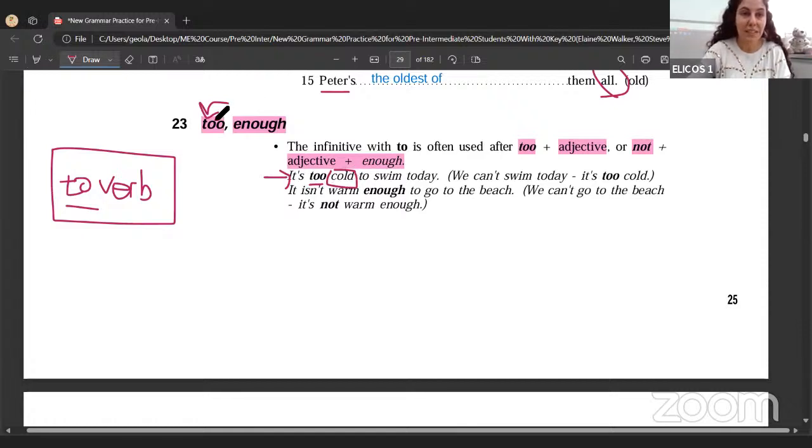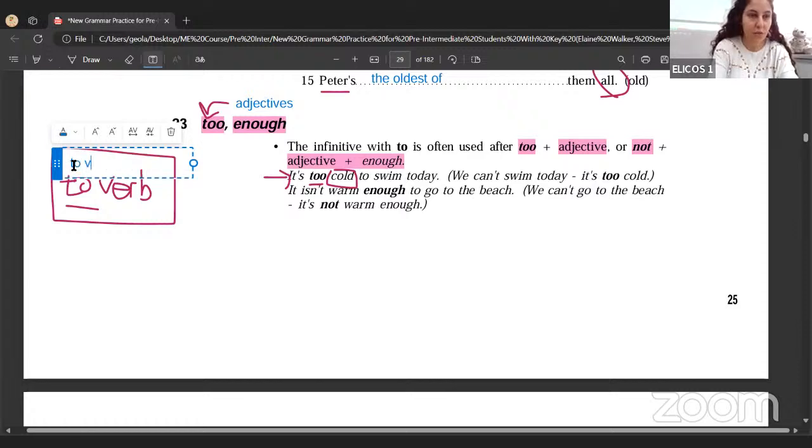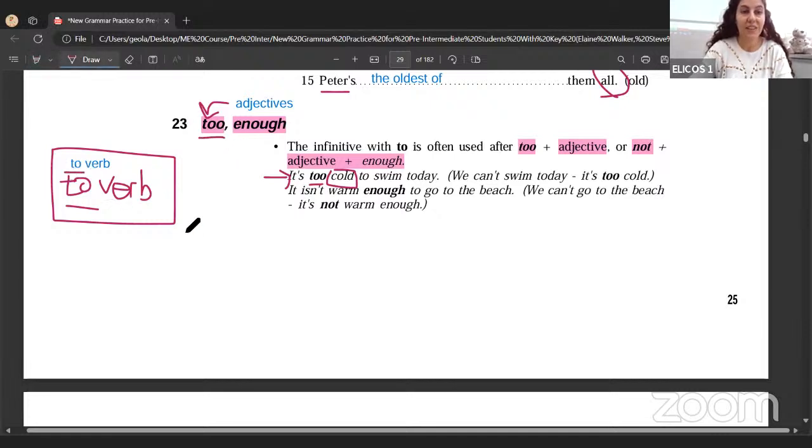So that's how you can remember this one is used with adjectives, but this to is used with verbs. So this one is to plus verb. So that's how you remember if you need to have a too or a to.